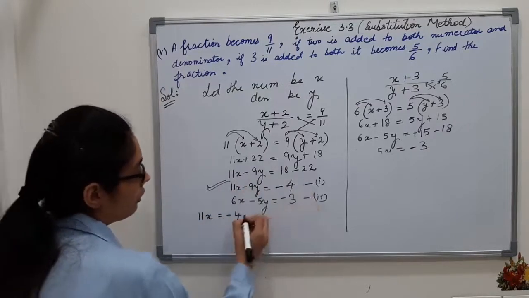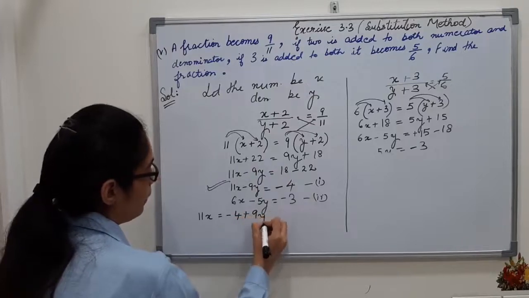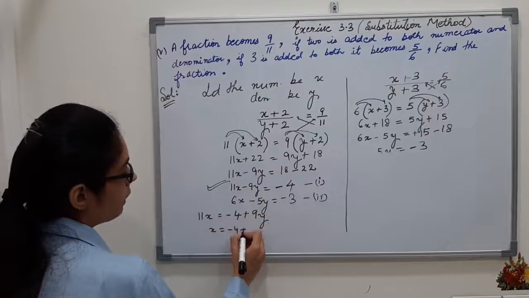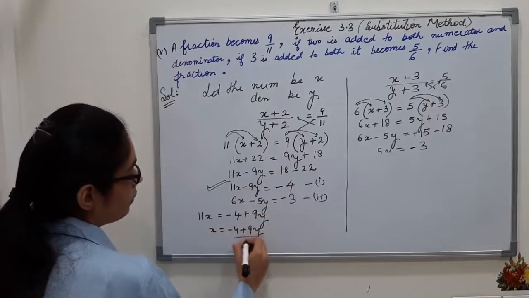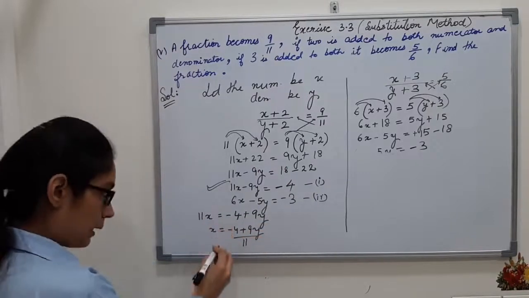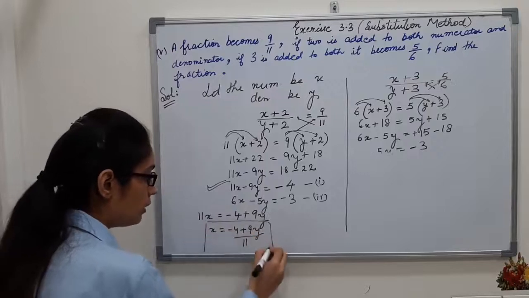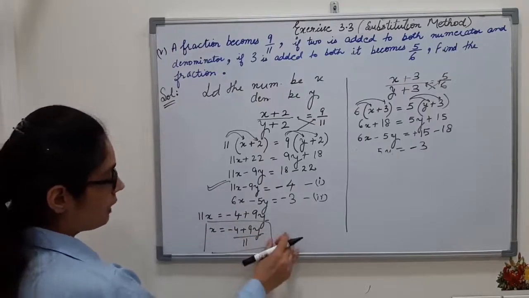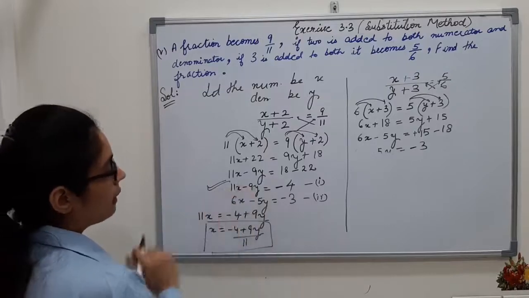This 9 I'm shifting to the other side will become plus 9y. X equals minus 4 plus 9y divided by 11. This 11 is getting multiplied this side; on shifting to the other side it will get divided. Now let's use this value of x in the second equation.